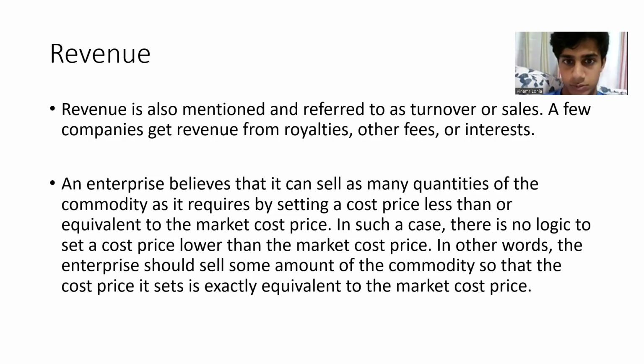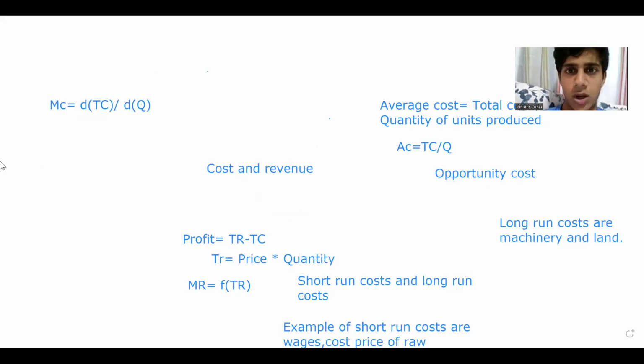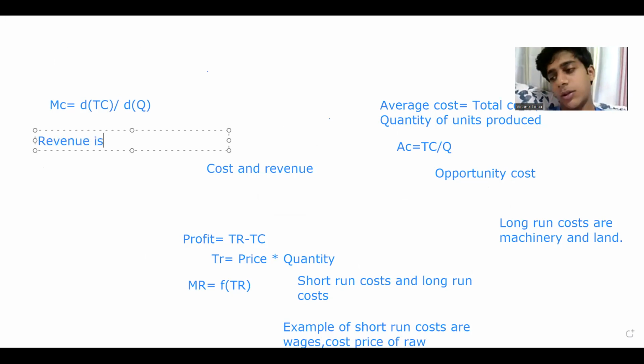Revenue is basically the total money generated through operations, right? Yes, revenue is the total money generated from operations, or the total income or the total sales generated from operations.